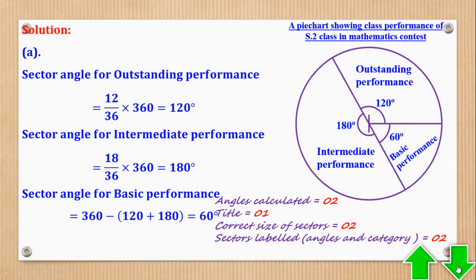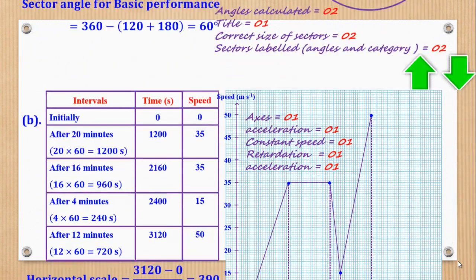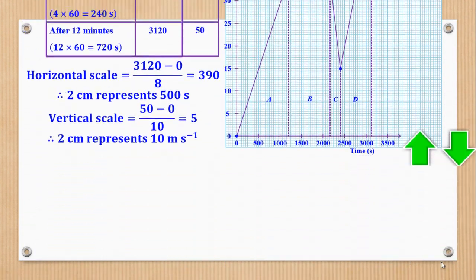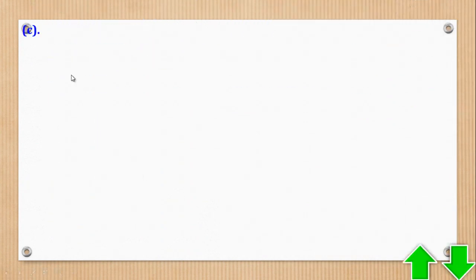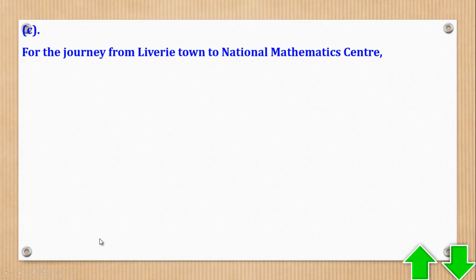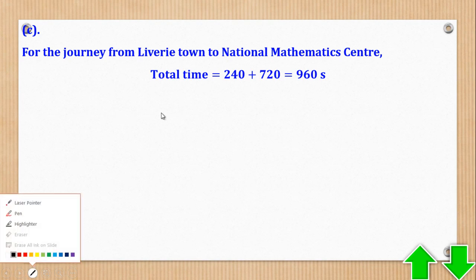So we need to remember average speed is total distance over total time. So we shall come and see that for the journey from Reverie Town to the National Mathematics Center, total time will be that. Total time, let's go back and see.